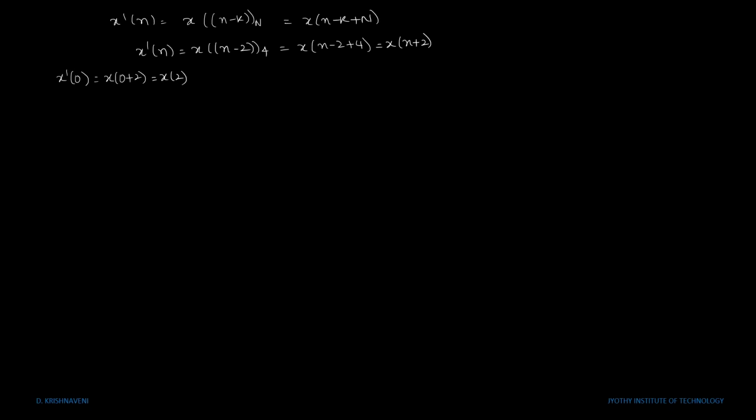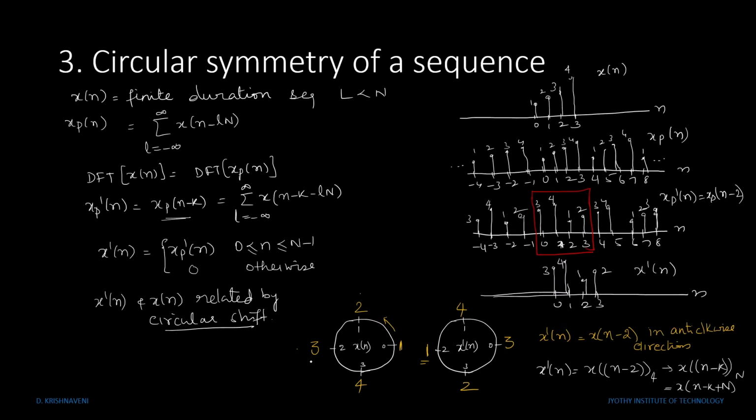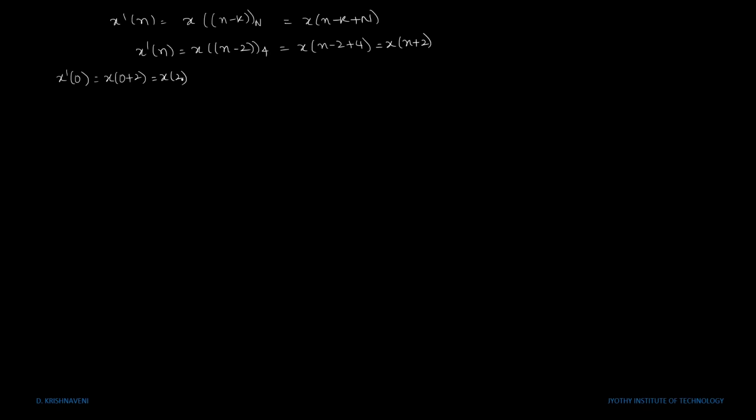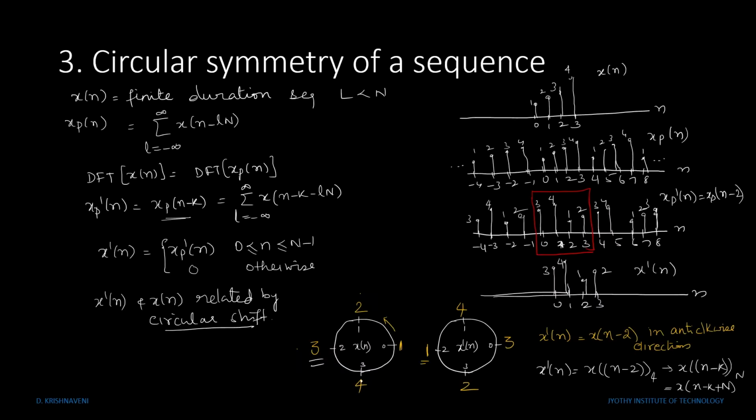And what is x of 2? X of 2 is 3. So this is equal to 3. Next, if I substitute n is equal to 1, I'll get x of 1 plus 2, that is x of 3, and x of 3 is 4.